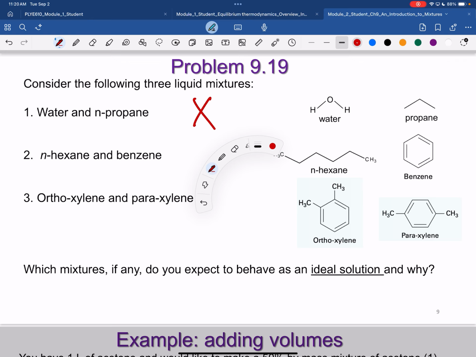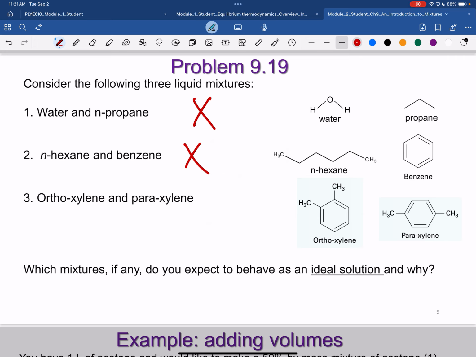It's different from cyclohexane. Cyclohexane has 3D bonds, but benzene is just flat. So that flatness gives it another type of interaction between these double bonds. They can stack on top of each other. Okay? So you have shape, you have the interaction. So this is also non-ideal.